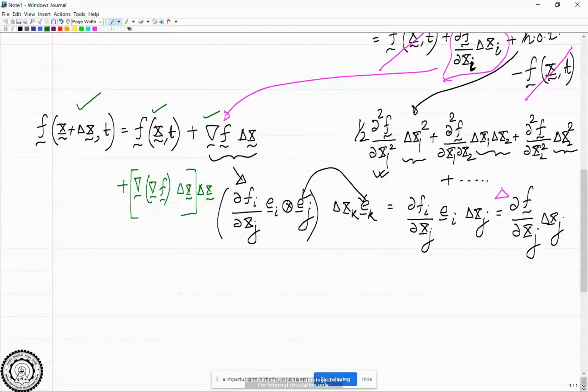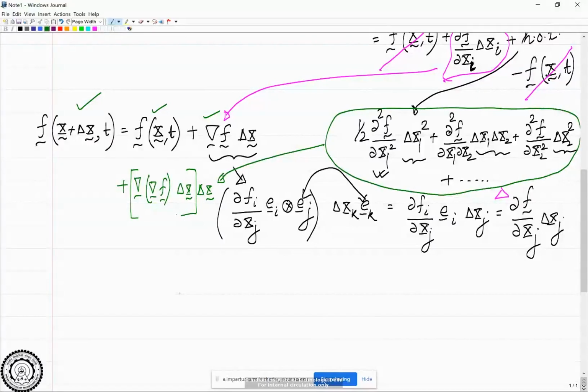So this is the compact notation for what we have here. Okay? But what I want to say is that this is proportional to square of the magnitude of delta capital X. Because you see there are two delta capital X's here.